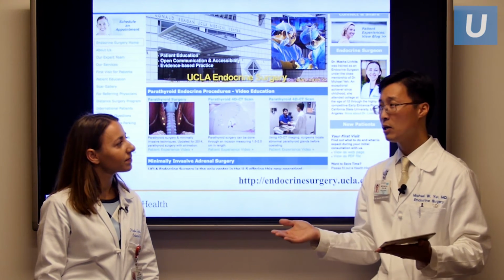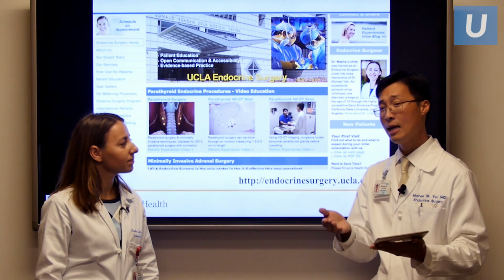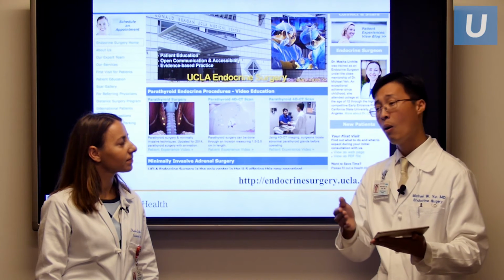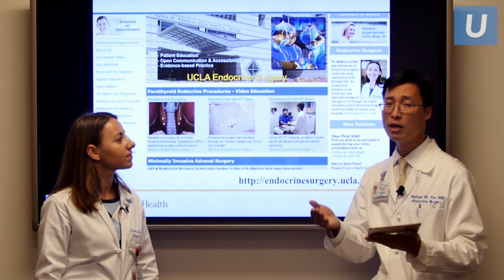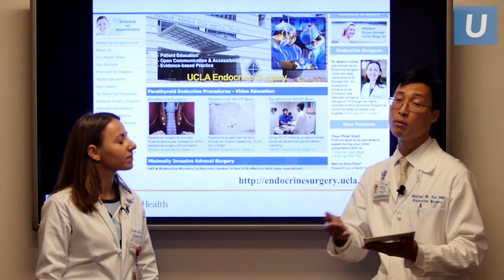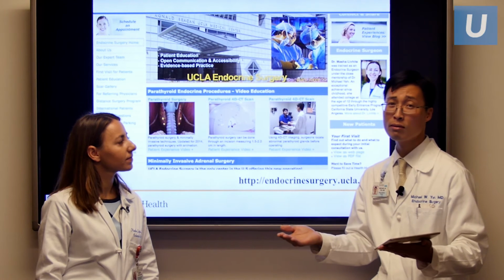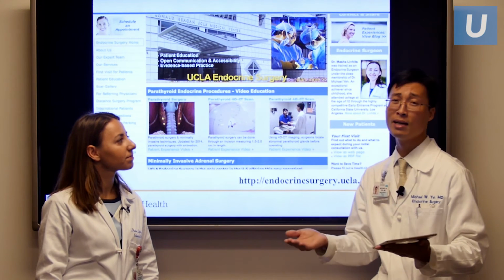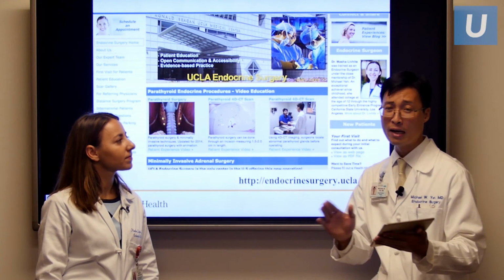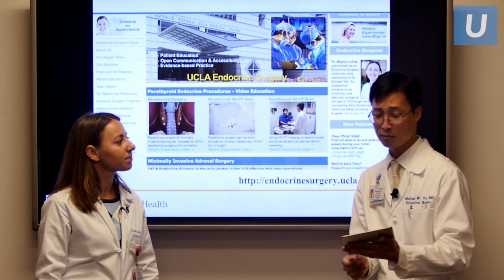Every day we see somebody who's had a failed parathyroid operation somewhere, and sometimes the idea that the patient has an ectopic or extra gland is mentioned. But when we look at those operative notes, when we look at those records, and when we eventually re-operate on those people, we usually find it's just a normal location. We find it in an expected location. So without sounding too cynical, that's the real world answer to that question.